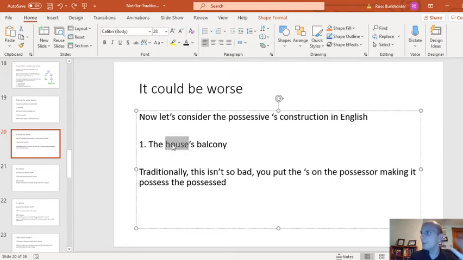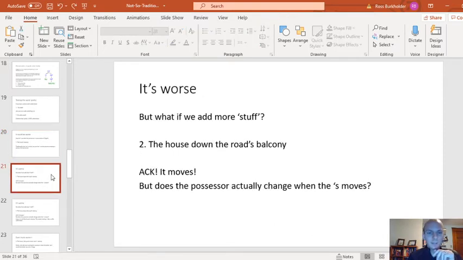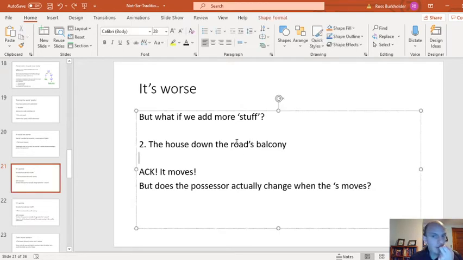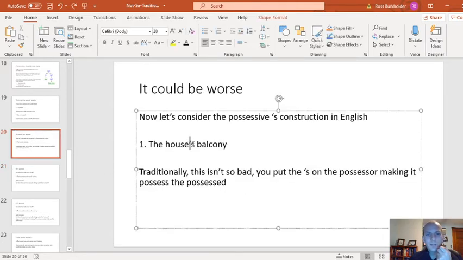Nice. What's less nice is when we get to sentences like this one. If we add more stuff in the middle, we get: the house down the road's balcony. What's odd, it's not really a problem, it's just English, but the problem from a traditional viewpoint is that the apostrophe S is now attaching to road, where in the previous example, the apostrophe S was attaching to house.